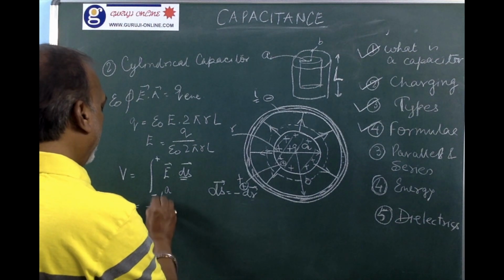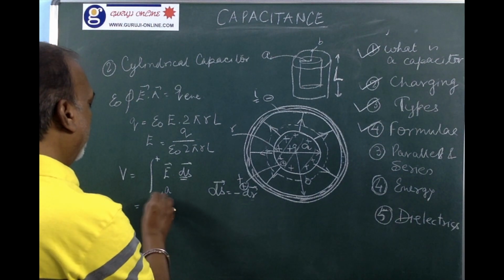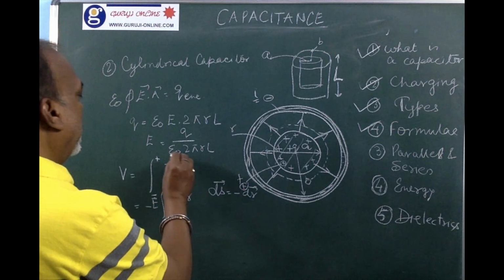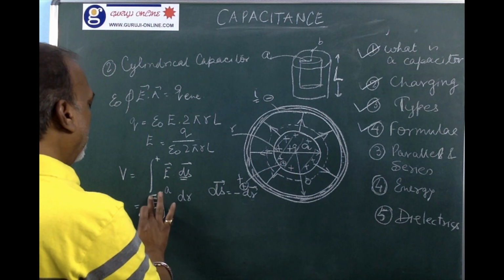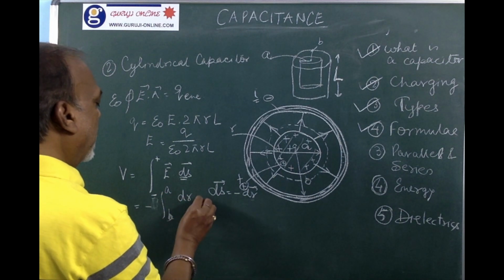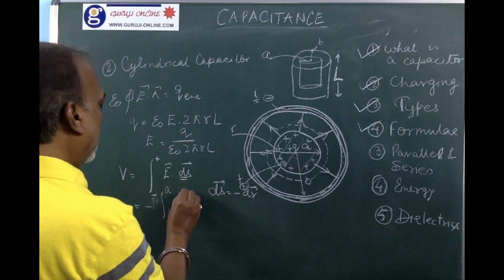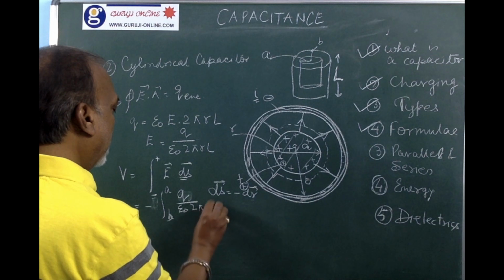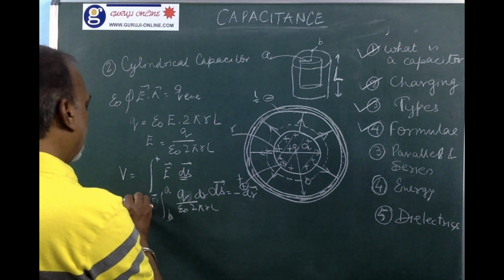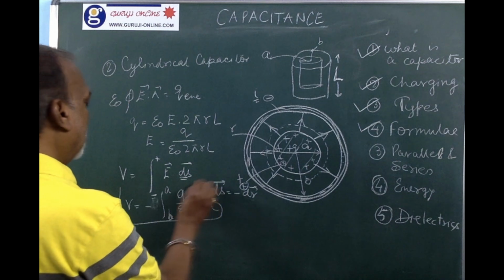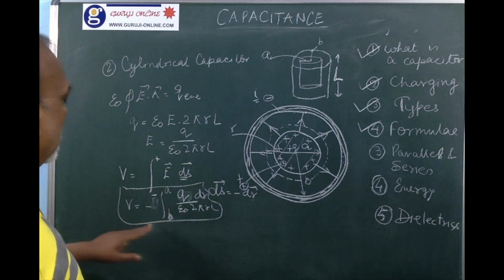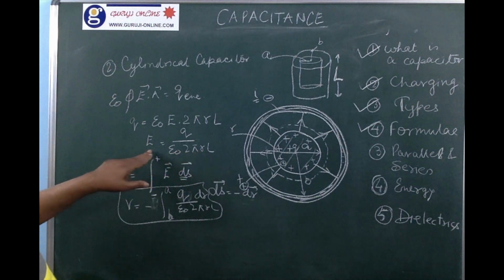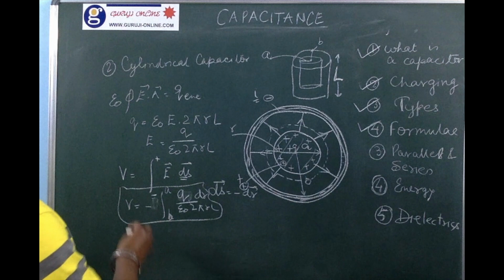Sorry, E is not uniform, so we cannot take E outside. We write E from here: Q upon epsilon 0 2 pi r L, and dr. Please understand this, because here E is changing with respect to r, so we have to take this into account for finding the voltage.